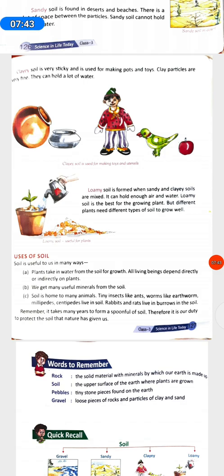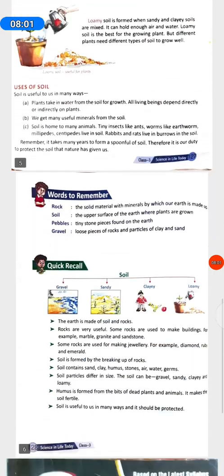Rabbits and rats live in burrows in the soil. Remember, it takes many years to form a spoonful of soil. Therefore, it is our duty to protect the soil that nature has given us.